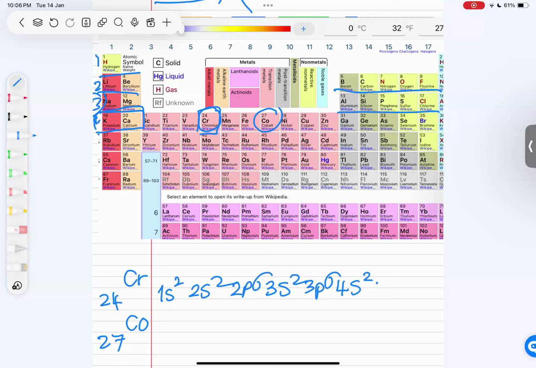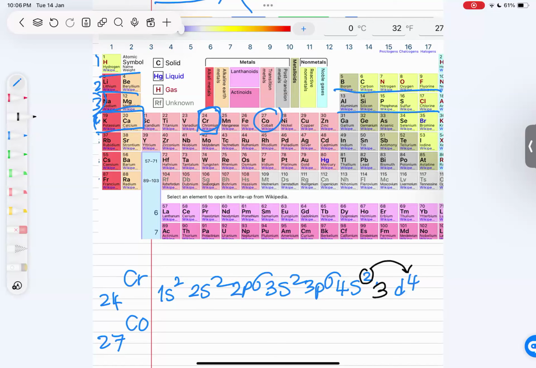And then chromium is going to end in D4, right? 3D4. So where is the exception? In the chromium something strange happens. You take one electron from here and keep it here.